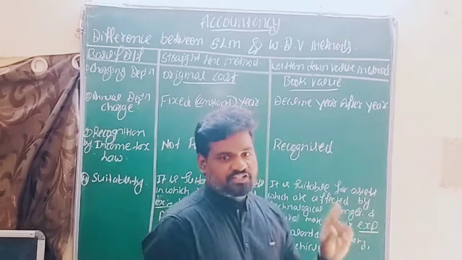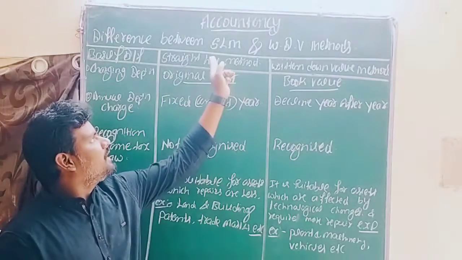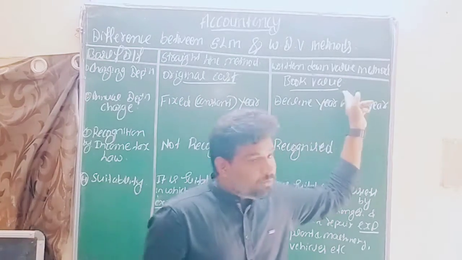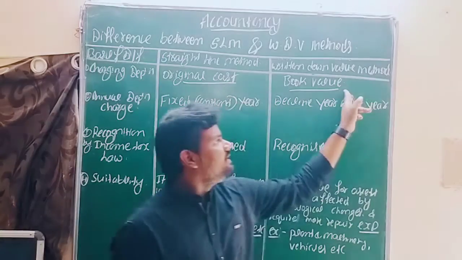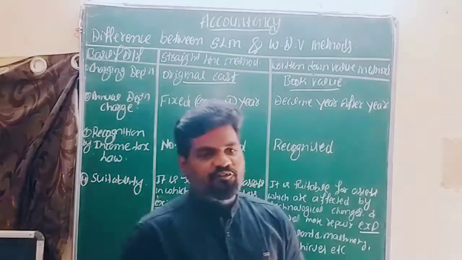So this is the first difference. Under the straight line method, depreciation is calculated every year on the original cost, but here it is calculated on the basis of the book value.